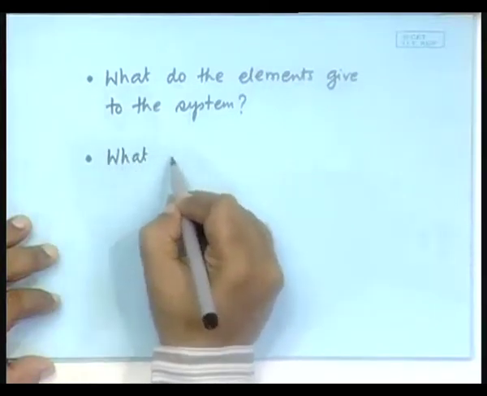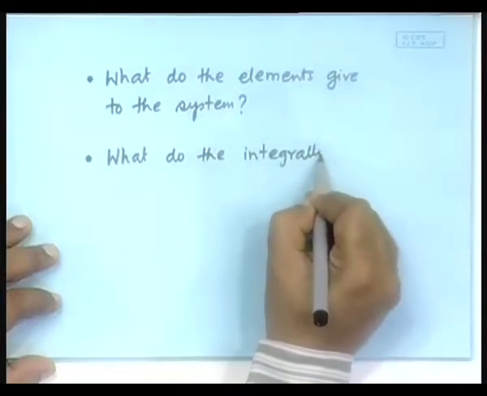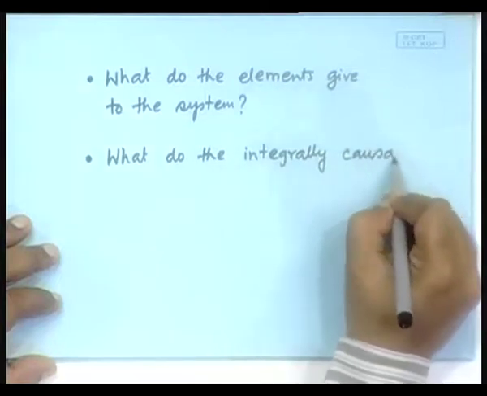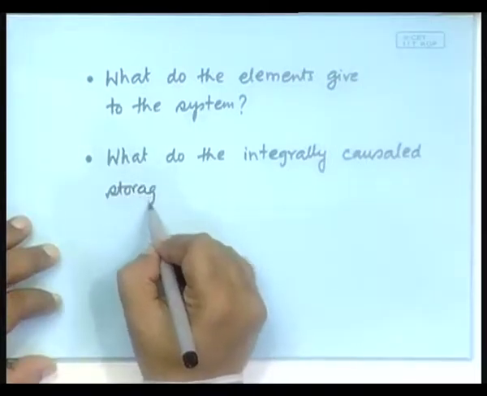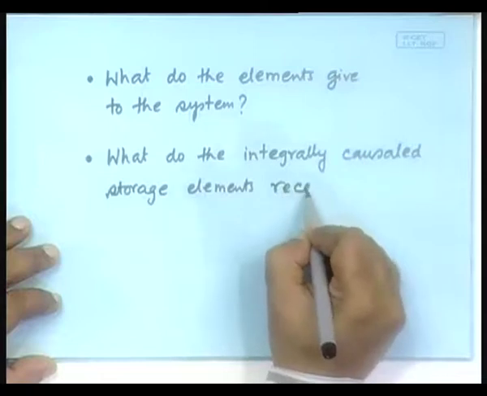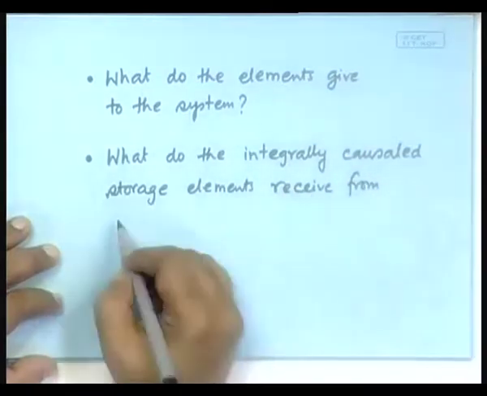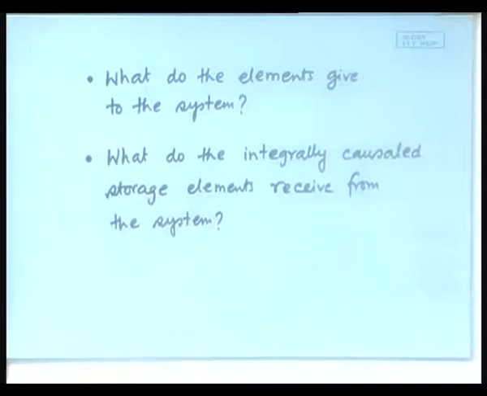First we will take stock of that, what does each element give to the system, and second, the second question is related to only the state variables. These are the two questions.